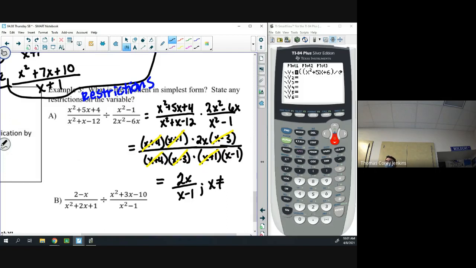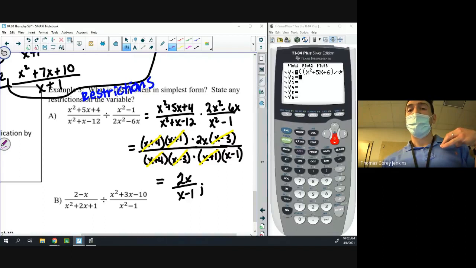All right, so those of you who are working on your own, let me ask you to maybe watch for just a second, because it is a little bit confusing to look for those restrictions. Okay, so here is my thought process. This is the easiest way I know how to explain this. You might come up with a better system, but remember, for 3 out of the 4 original expressions we're looking for the zeros, right?